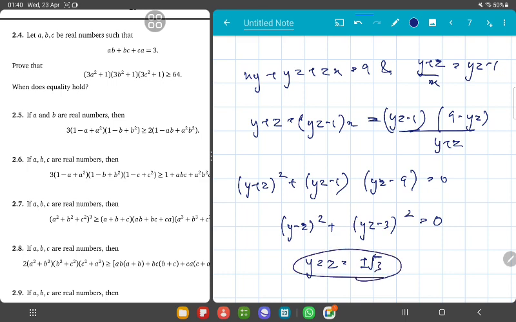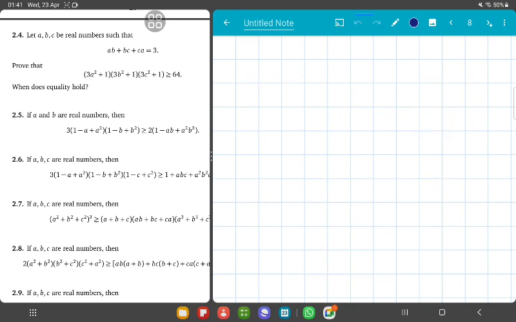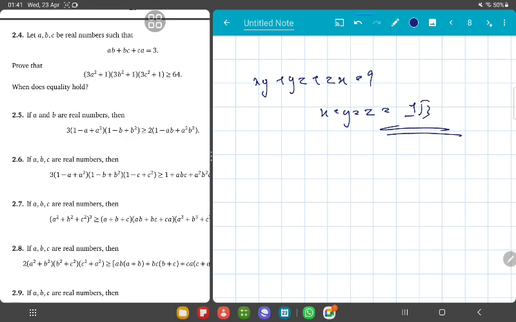In addition, xy plus yz plus zx equals 9 and x equals y, so x equals y equals z equals plus or minus root 3. So the original inequality becomes an equality for the condition a equals b equals c equals plus or minus 1.